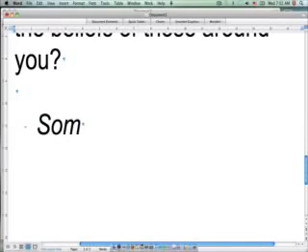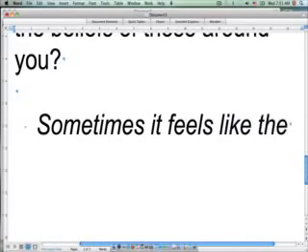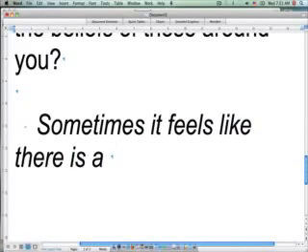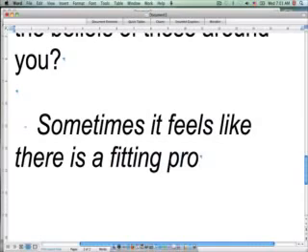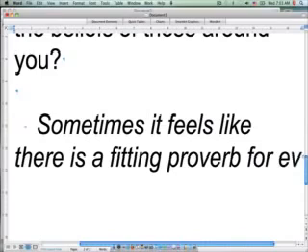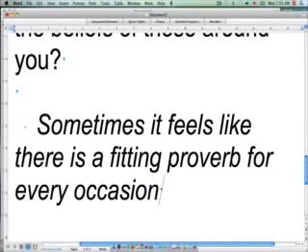So let's try something like, sometimes it feels like there is maybe a fitting proverb for every occasion. Okay, sometimes it feels like there's a fitting proverb for every occasion.